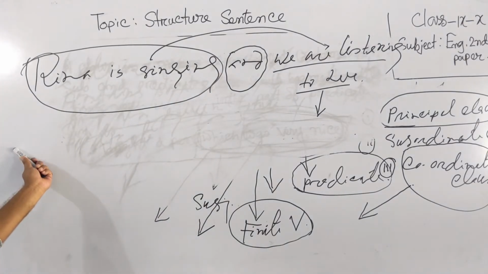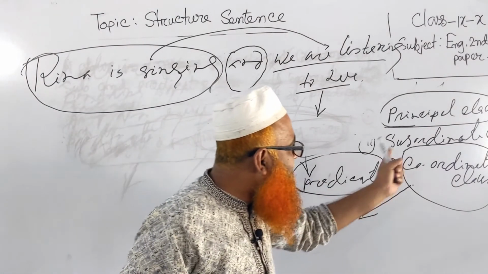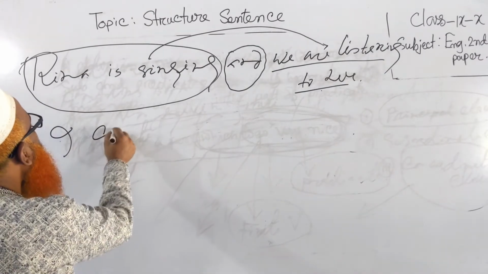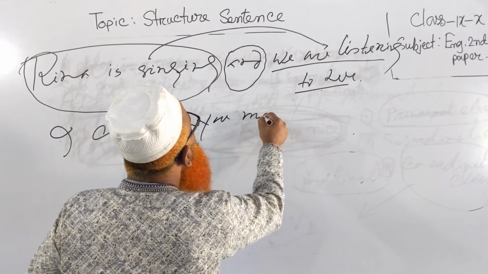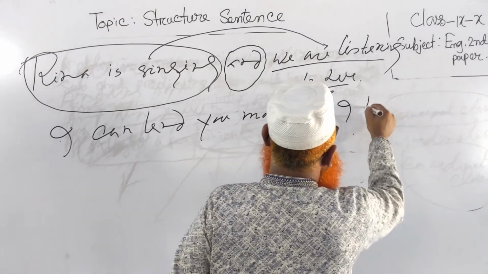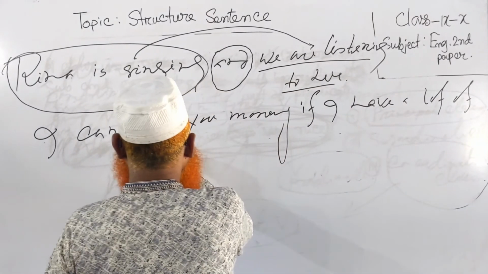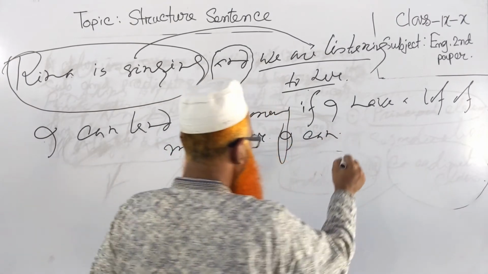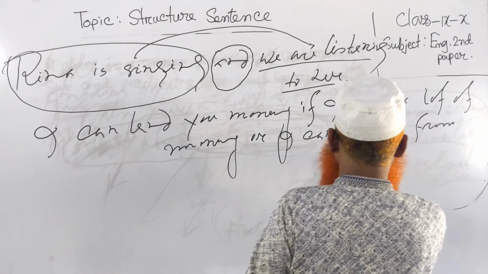Here it should be mentioned that two subordinate clauses may be used in the coordinate clause, such as: I can lend you money if I have a lot of money, or I can borrow from someone.